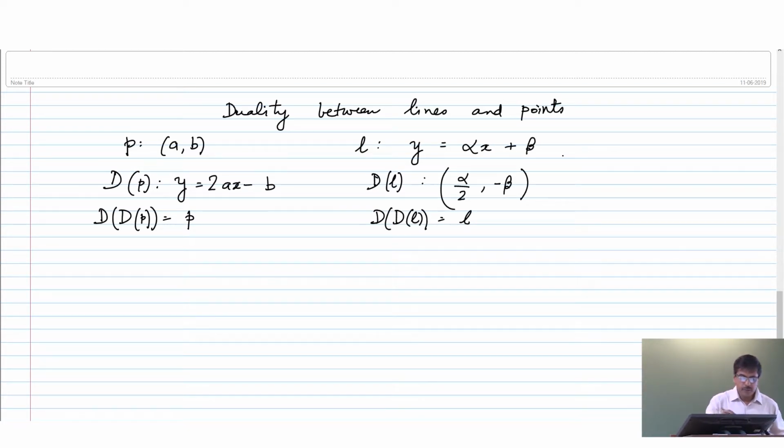Strictly speaking, D maps, in this case, points to lines, so it's basically a transformation like this, by which I am able to define both of these. The dual transform of a point (a, b) is given by this. Let me use different notations, I got carried away.